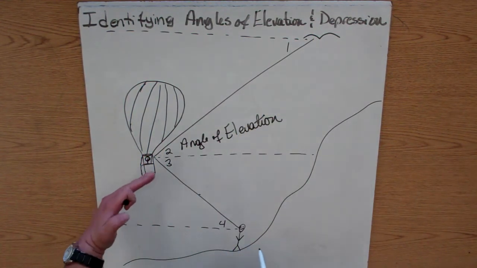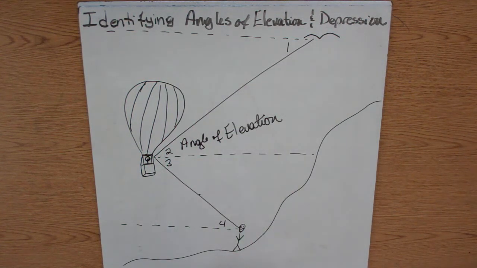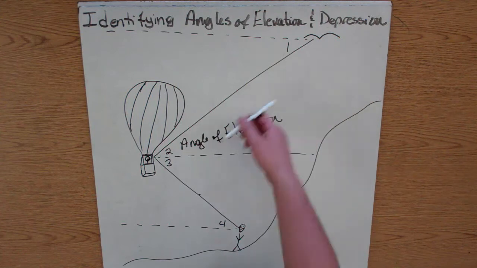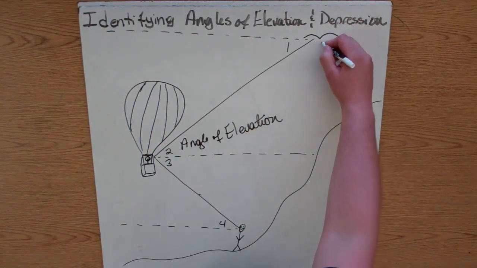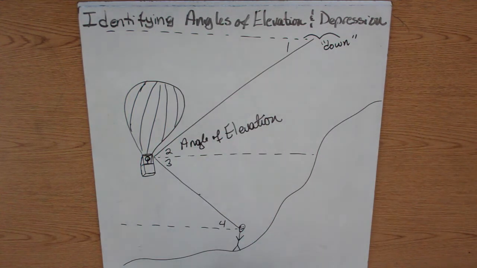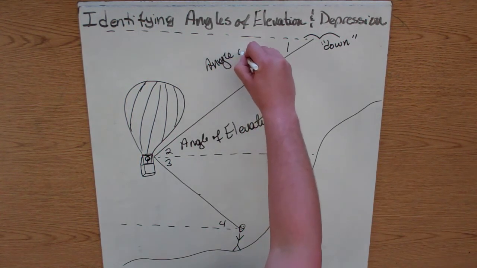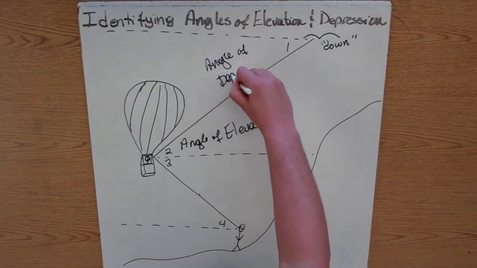Now, if the bird looks down at you, since he's looking down, that means that is an angle of depression.